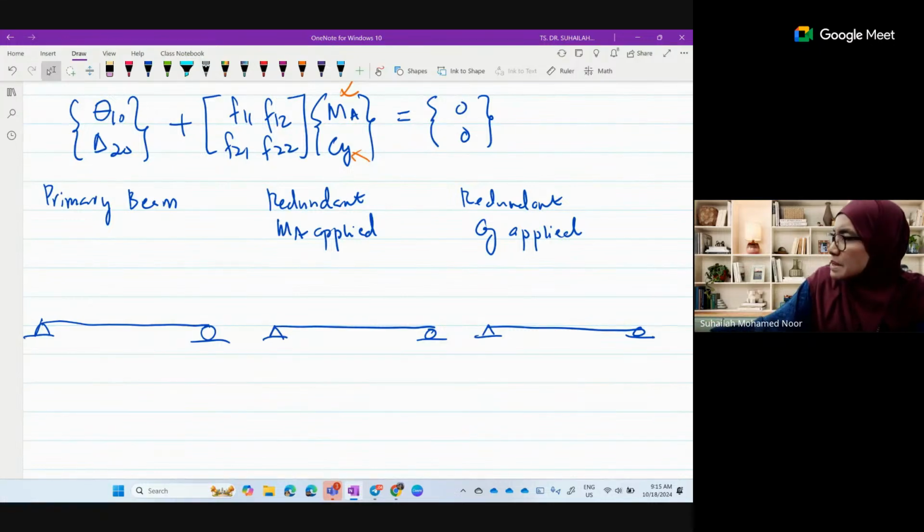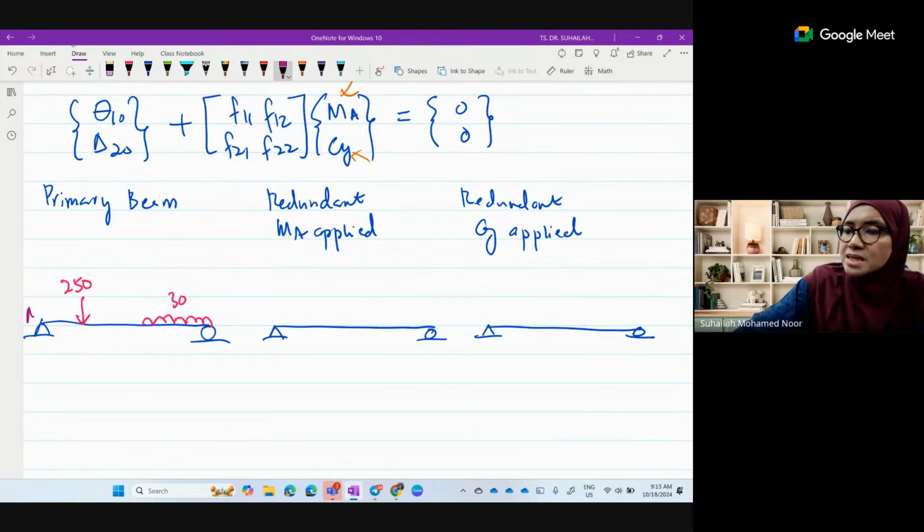Okay, so all simply supported beam. Okay, primary beam, loading remain. Dia ada point load tadi. Point load dekat B, 250 kan? And ada UDL along member CD, 30 ke tadi? 30.